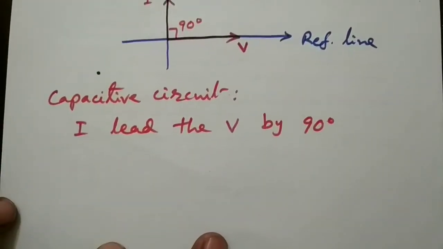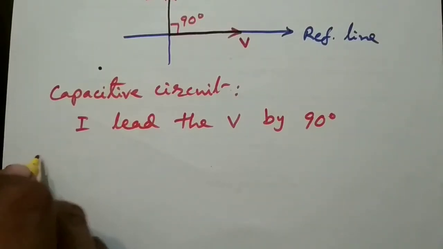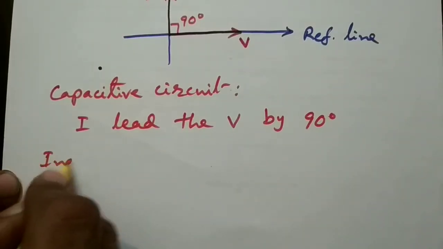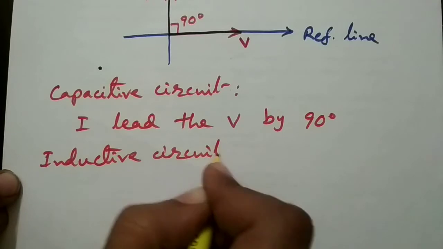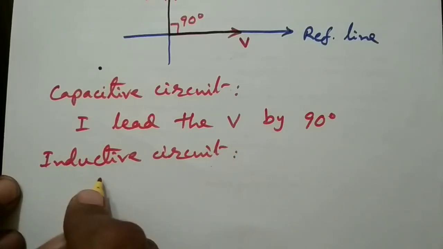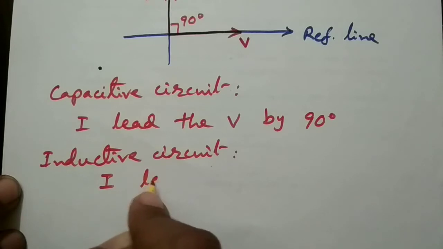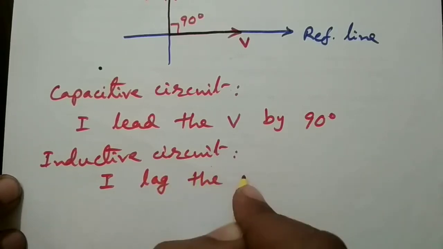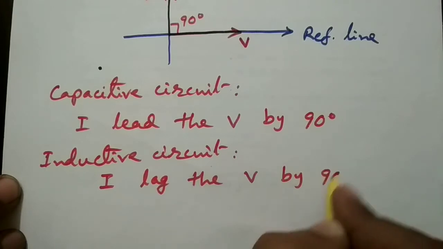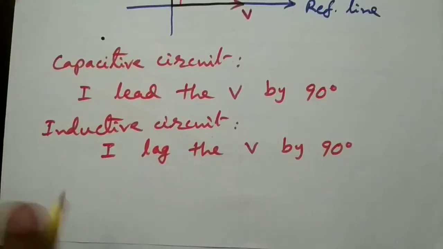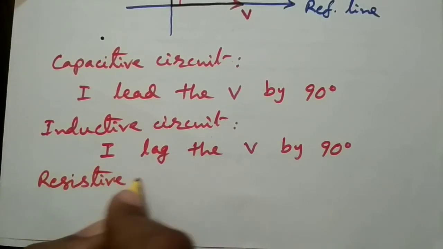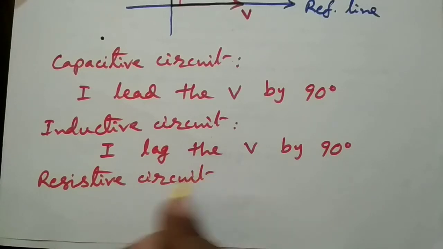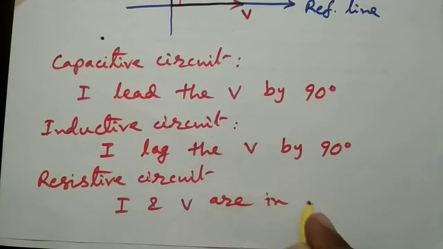So if we recall the concept, for an inductive circuit the current lags the voltage by 90 degree, and similarly for a purely resistive circuit, the current and voltage are in phase.